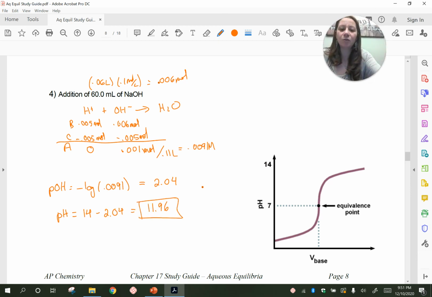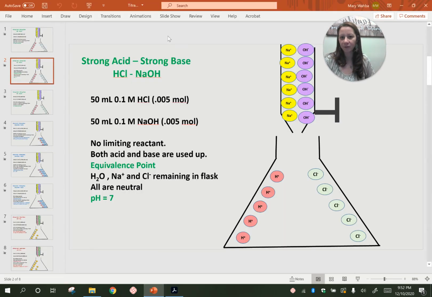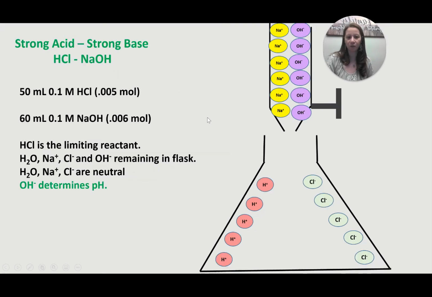So after the equivalence point, I've added more, and so my pH will go back up again. Let's look at this as a visual here. I have the 5 of the HCl's, and I'm going to add now 6 of the NaOH.